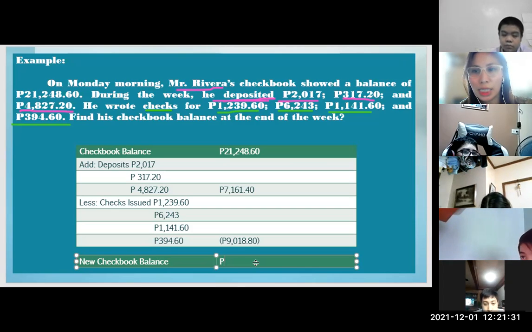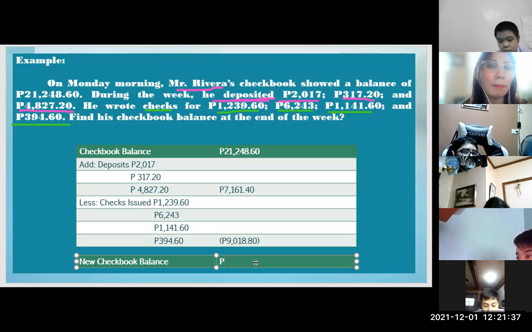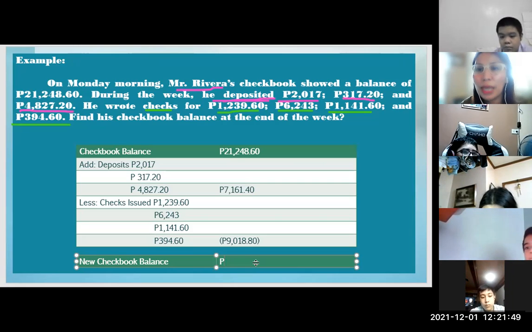How much is the new checkbook balance? So basically, the deposits is an addition, the issued checks, it can be withdrawal, those are deductions. So you start with the checkbook balance. Beginning.